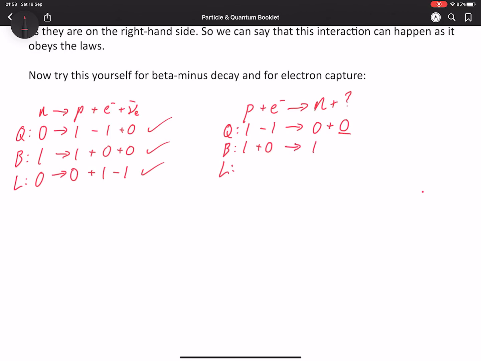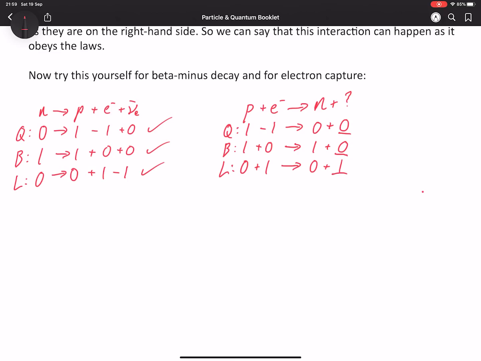Baryon numbers, the proton and neutron are both baryons, so this unknown particle can't be a baryon. So at this point, it's a neutral meson or lepton. So let's check the lepton numbers. That'll finish it off. So the electron is the only lepton on the left-hand side, whereas the right-hand side must have a lepton to balance it.